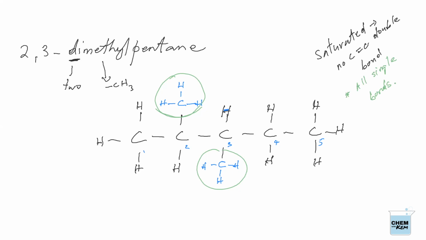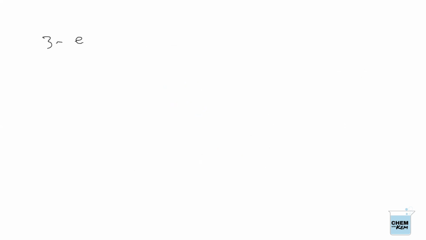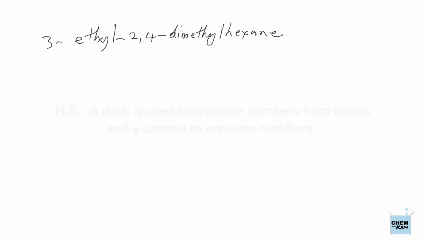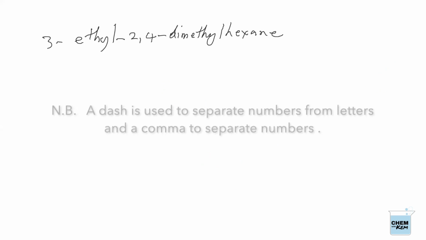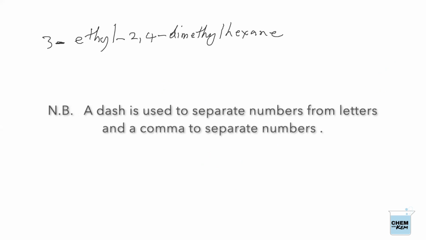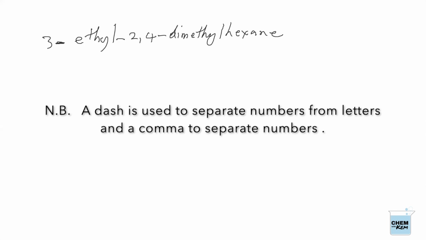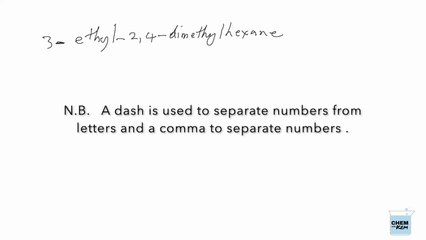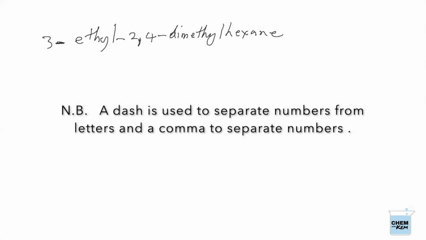All right. So new page for this one. 3-ethyl 2,4-dimethyl hexane. So one thing to note, numbers are separated from letters using a dash, and numbers are separated from numbers using a comma.